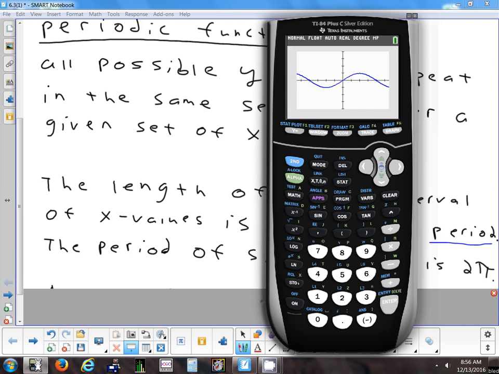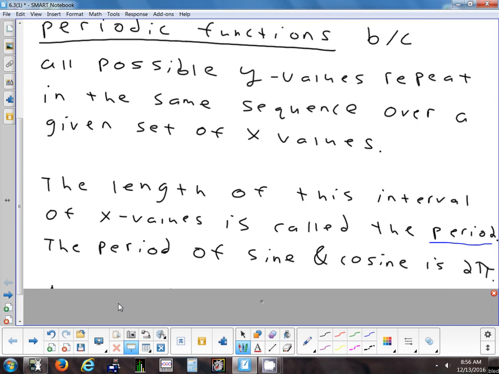A lot of the things I do this week, I'm going to try to tie it in with a sound. So we'll talk about what would it sound like if you played something like this that was really compressed versus something that was more stretched out. And that's not the only way you can stretch or compress it. You can also stretch and compress it vertically. And we'll hear what that sounds like as well.